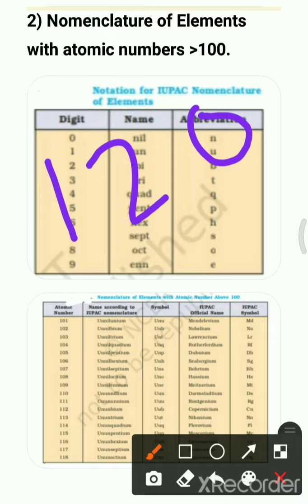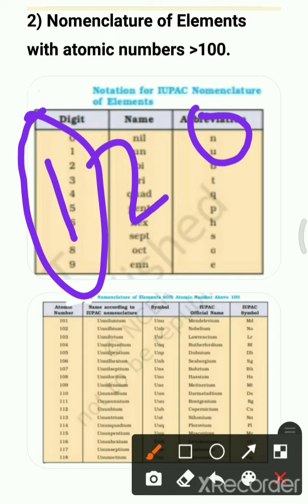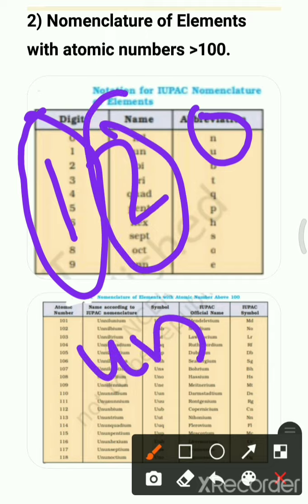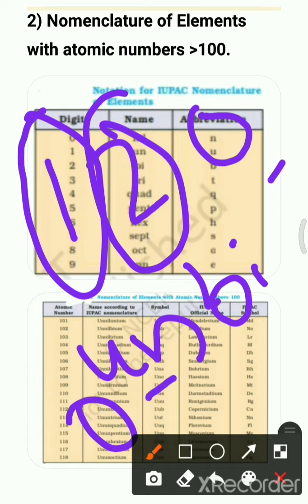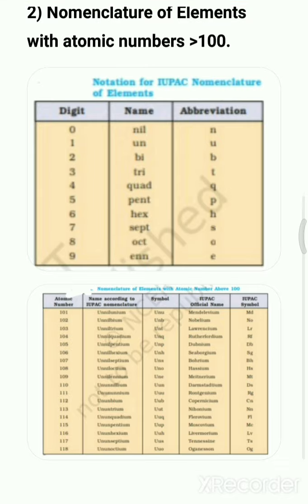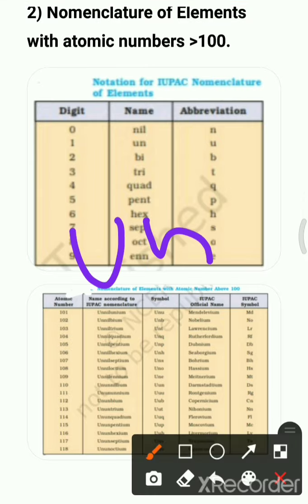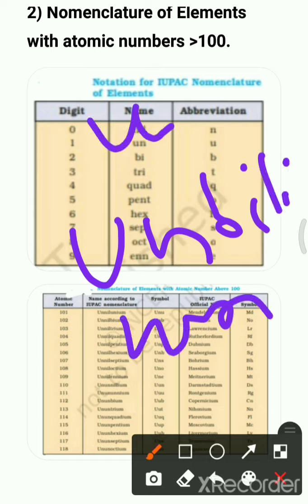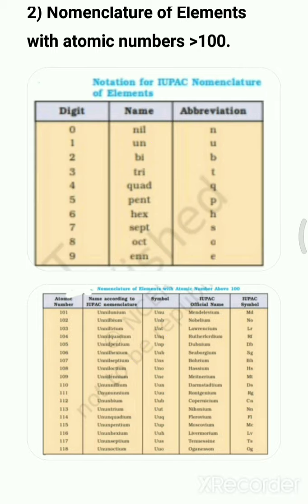For 1 we put un, for 2 we put bi as per this table, and 0 we call nil. Merging all of these, we get the answer: unbinilium, symbolized as UBN. Students, I hope this second part of the unit is understood. Thanks for watching the video.